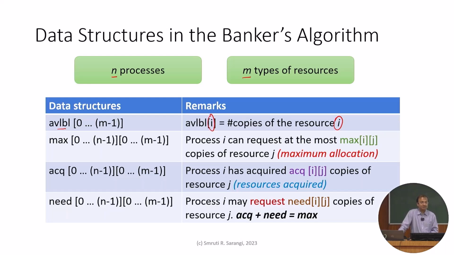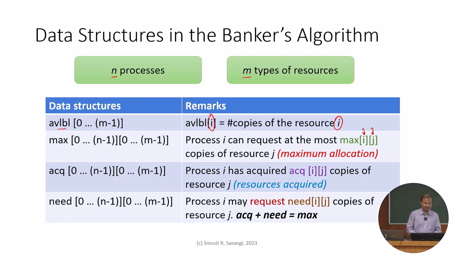Then you have a max matrix. It's a matrix, okay? So essentially you have n rows and m columns, and process i can request at the most max[i][j] copies of resource j. This basically says that the ith row corresponds to the ith process, the jth column corresponds to the jth resource. It simply says that processes declare a priori how many copies of a resource they will at the most request.